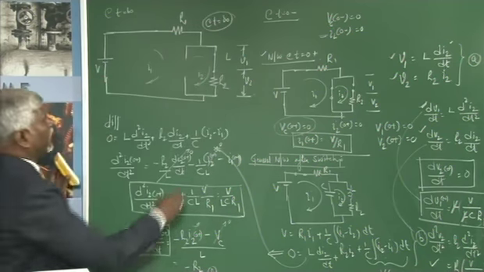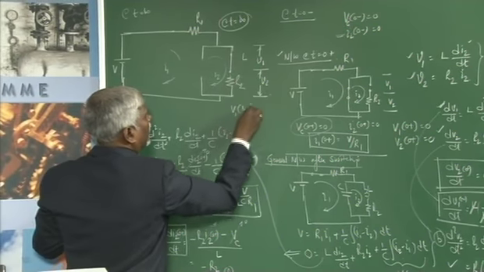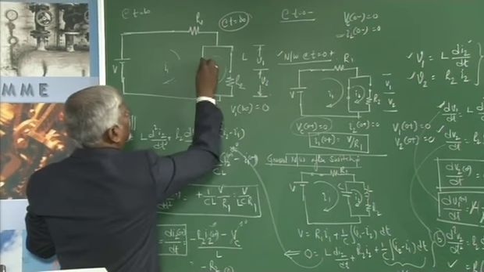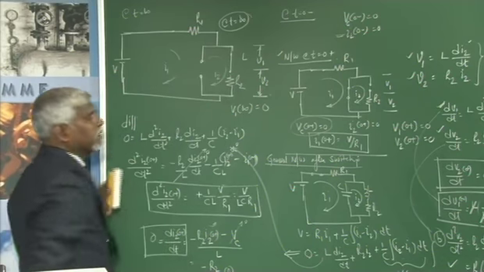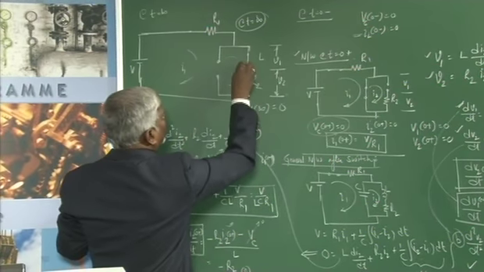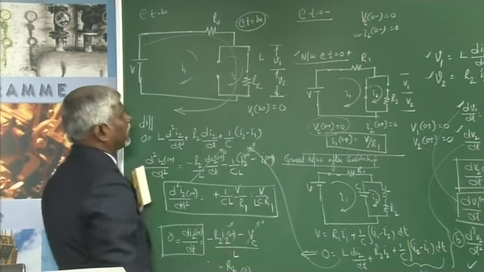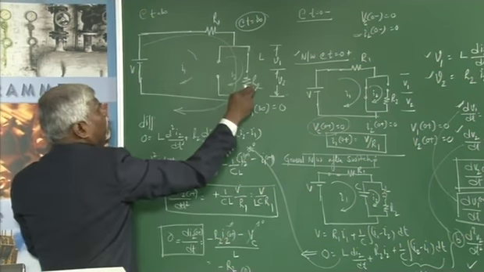V1 at infinity, you just say this is the voltage, V1 at infinity is 0, this capacitor acts as open. V2 is nothing but this current, there will be a current flowing in this loop, that current will be V divided by R1 plus R2.